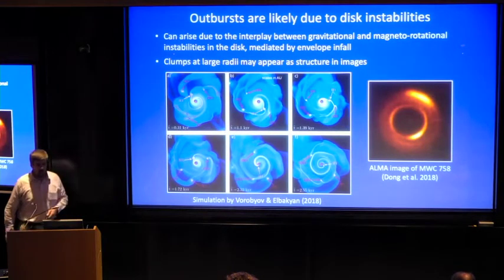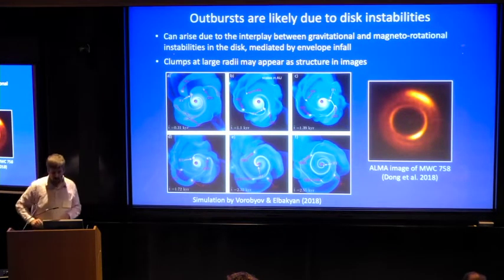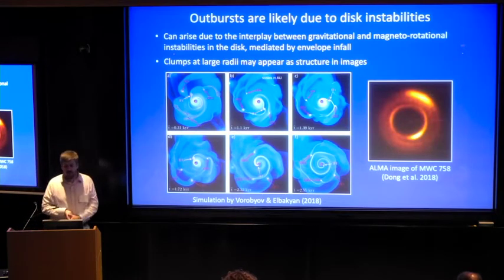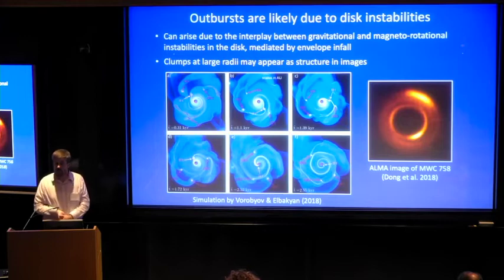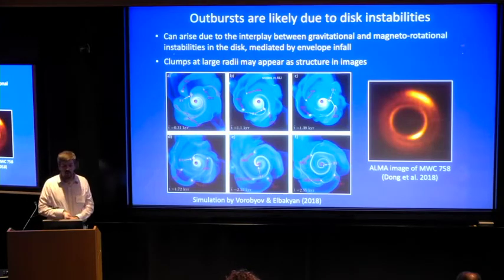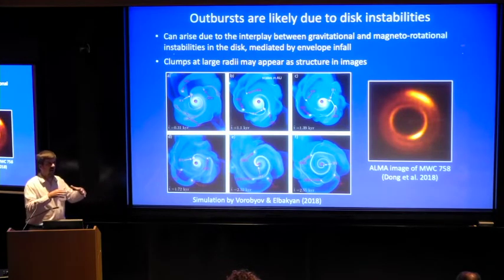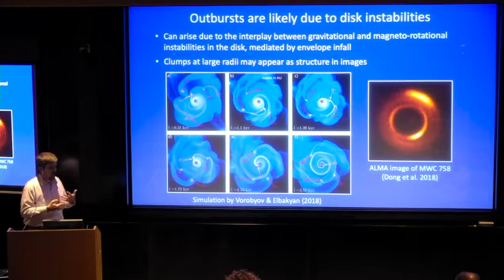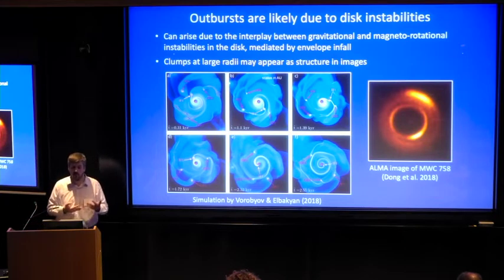We think that these outbursts are due to disk instabilities. You have gravitational and magnetorotational instabilities active in the disk. You have an envelope falling onto the disk, which causes its mass generally to grow over time. And that makes the disk more likely to go unstable and to form clumps.